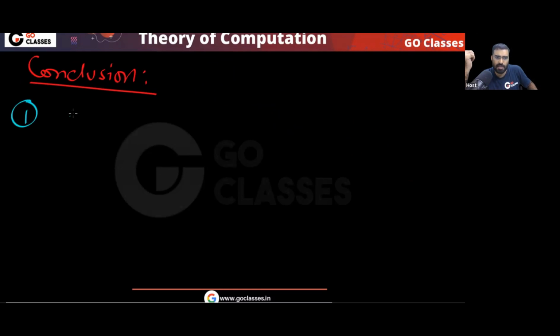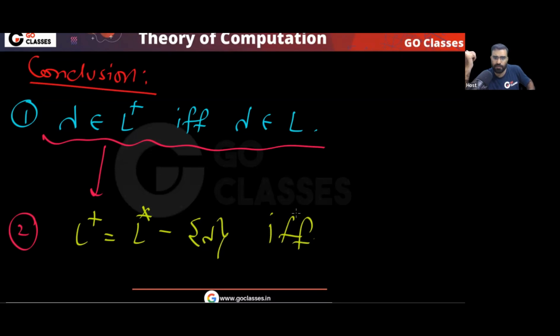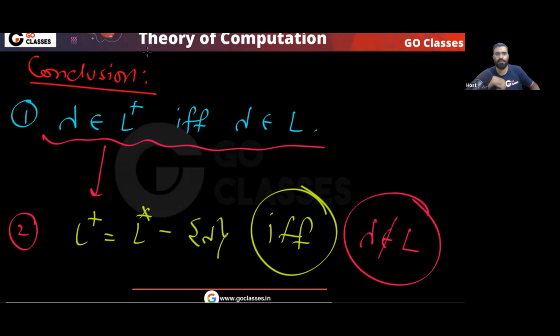One conclusion is: empty string belongs to L plus if and only if empty string belongs to L. From this statement, you can find that L plus is equal to L star minus lambda if and only if lambda does not belong to L. Is this clear?